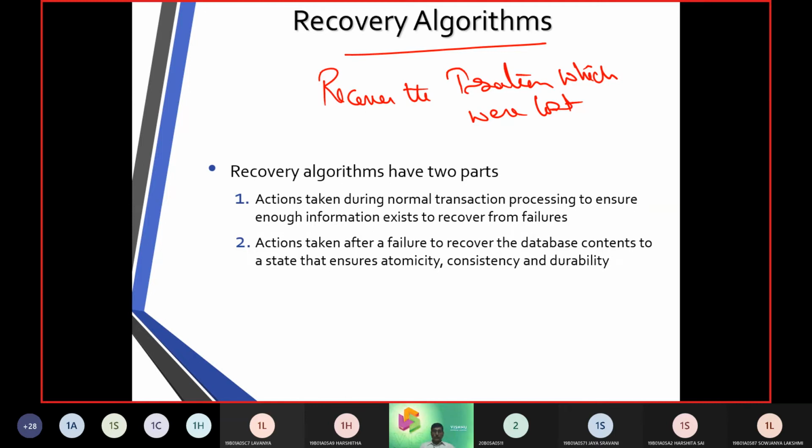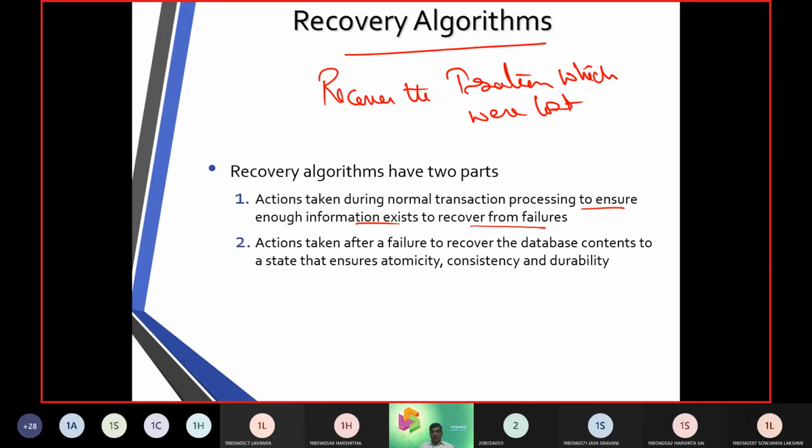The recovery algorithms ensure that at any point of time the loss of data can be recovered, and that the information is recovered from failures.